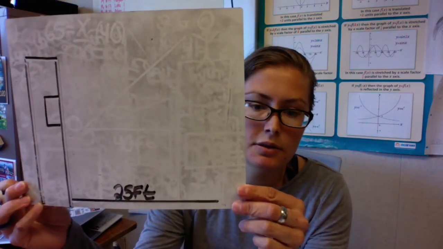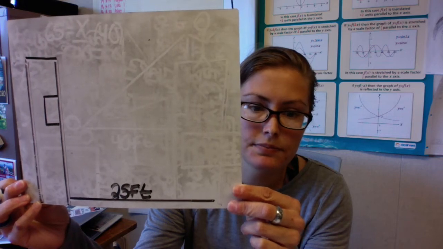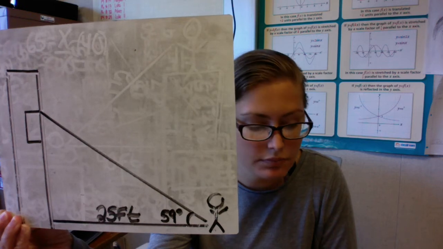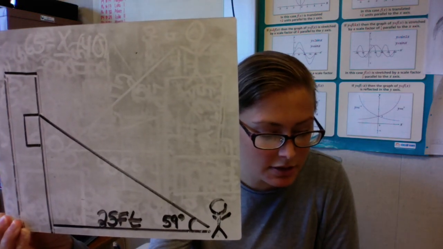So his house with a window, and he's walking 25 feet away. And measures the angle to the top of the window to be 59 degrees. Then he measures the angle to the roof to be 66 degrees.